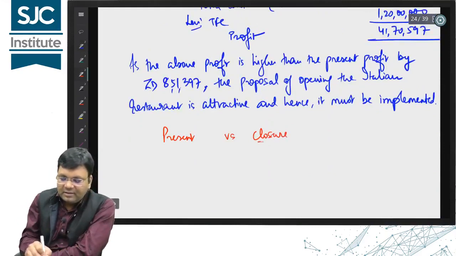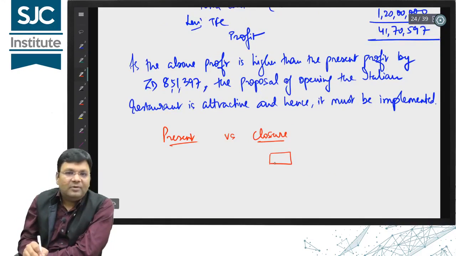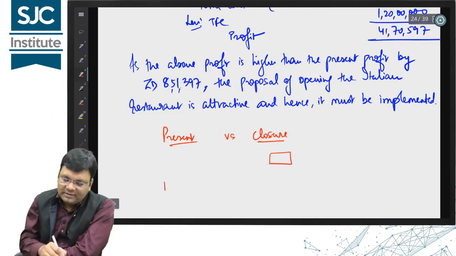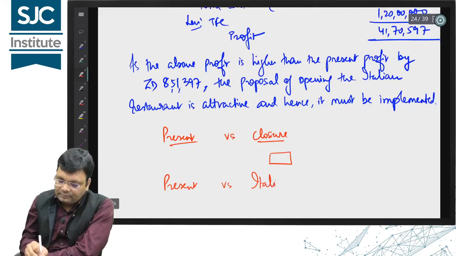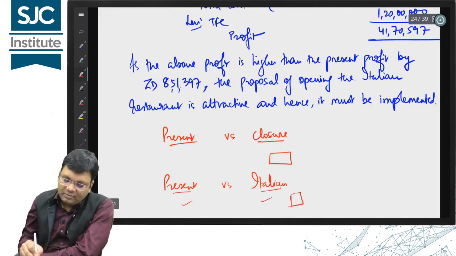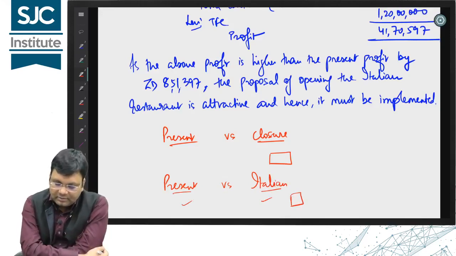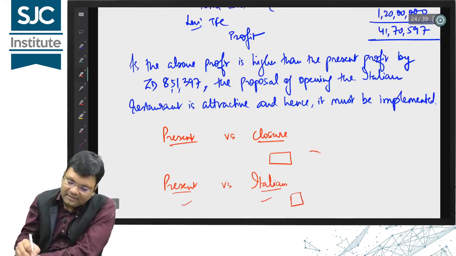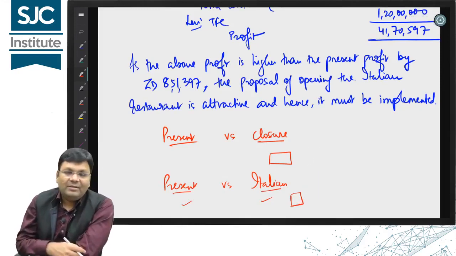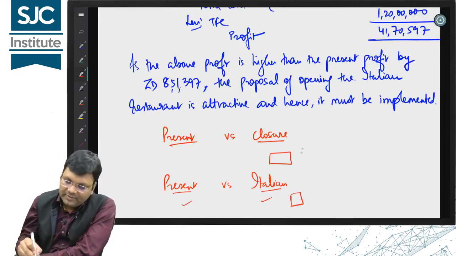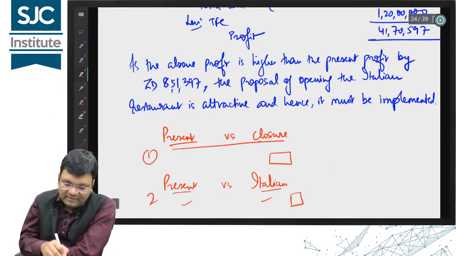So you compared the closure to understand that it's adding some contribution, so you should not close it. And second was present versus this Italian restaurant. When you compared this, you found this more attractive. So Italian restaurant is viable and closure is not viable. You should treat these as two different scenarios.